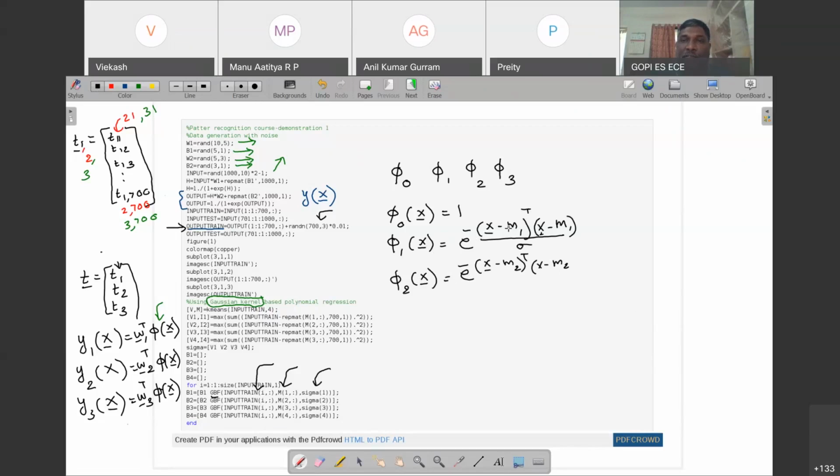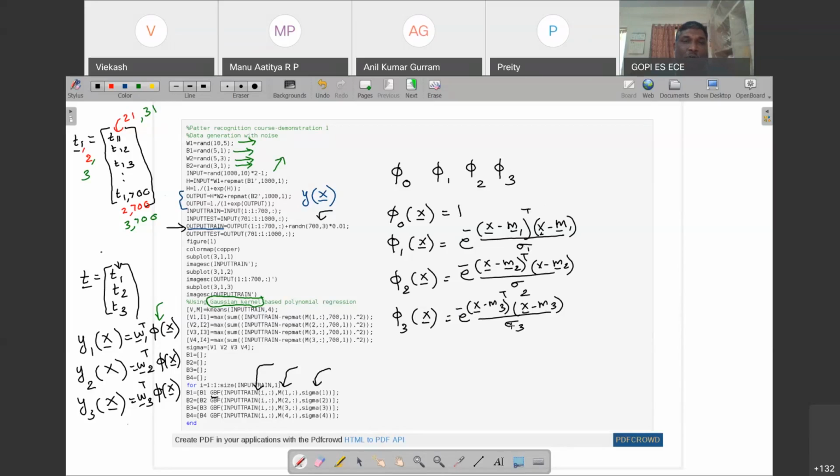So it should be the vector here, divided by sigma 1, and here sigma 2. Then finally phi 3 of x is e power minus x minus m3 transpose x minus m3 whole divided by sigma 3.